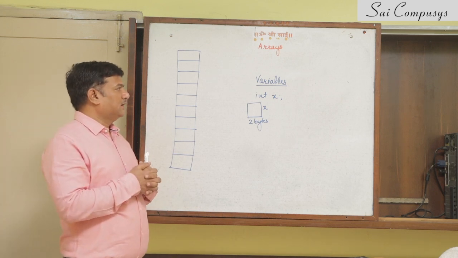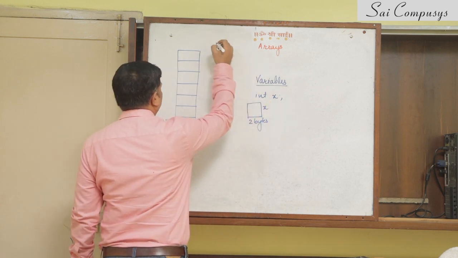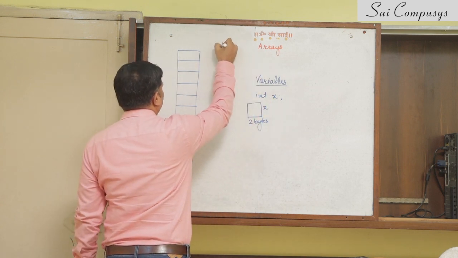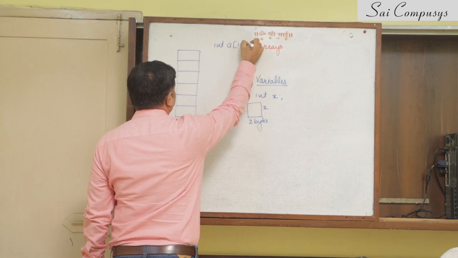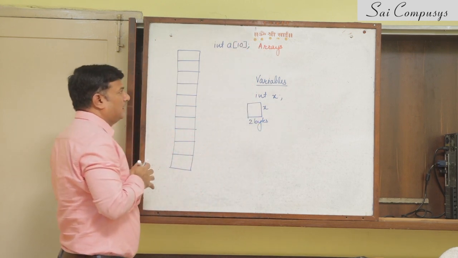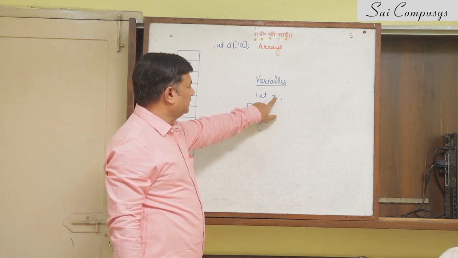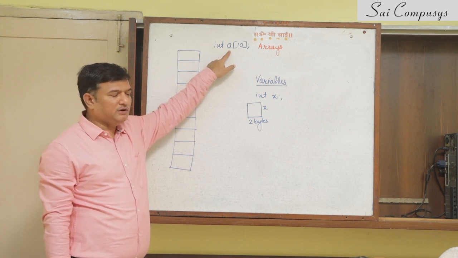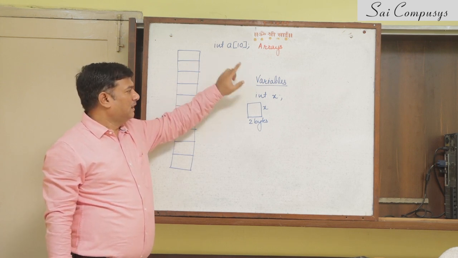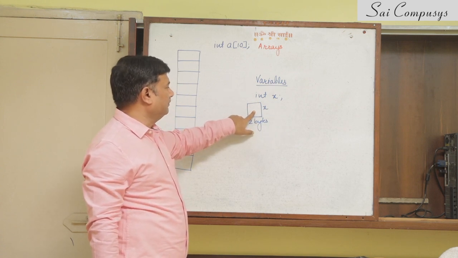So what is an array? It's also a variable. The only difference is, this is how I'll define an array. This is variable declaration. This is also variable declaration. The only difference is, this variable can hold one value at a time.